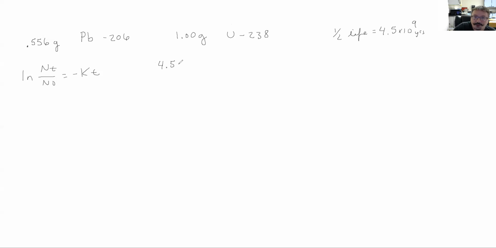Because it's first order decay, the equation for half-life is right there. So k should be equal to 0.693 divided by this half-life. Our units now are years, so dividing by years, we end up with reciprocal years, or per year.